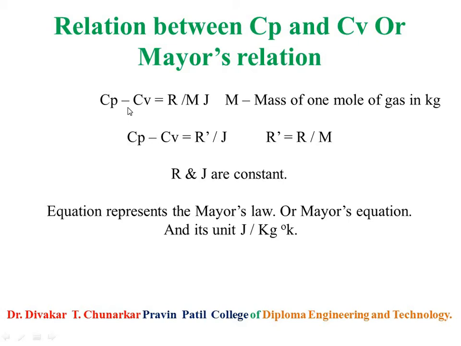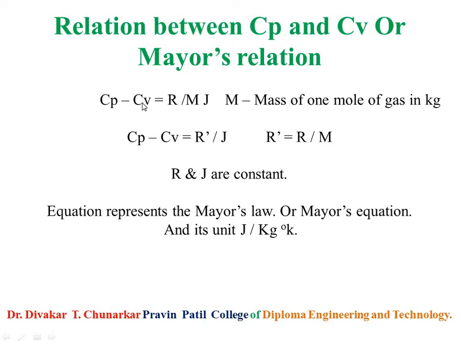In this case, consider 1 kg of gas heated at constant pressure. There are two possibilities: one is the increase in temperature, and the other is the increase in the volume of the gas. So some additional heat is required for the expansion of the gas.